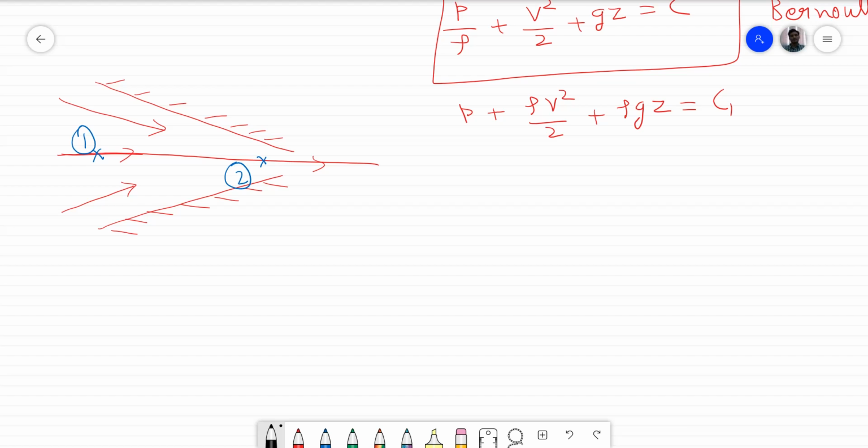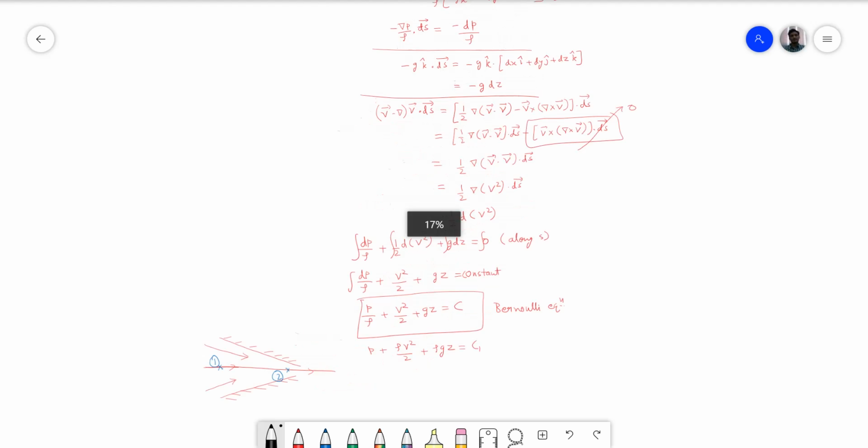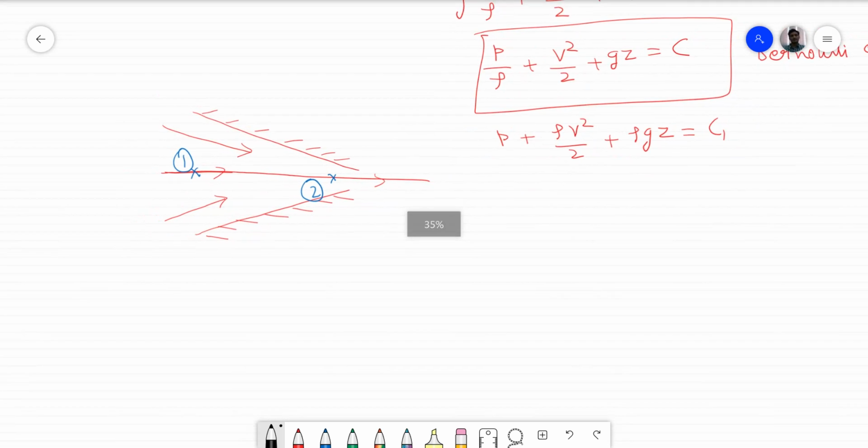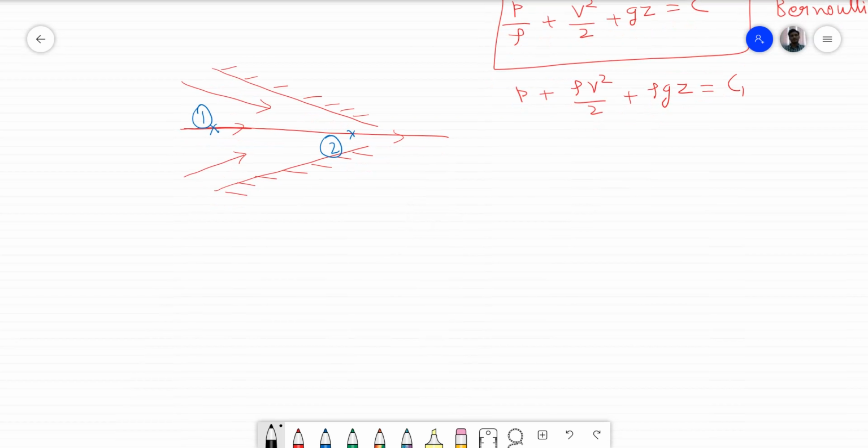So you can say that A1 V1 equals A2 V2, which says that area of cross section at point 1 times the velocity at point 1 is equal to area of cross section at point 2 times velocity at point 2. That is the mass conservation or volume conservation in case of incompressible fluids.